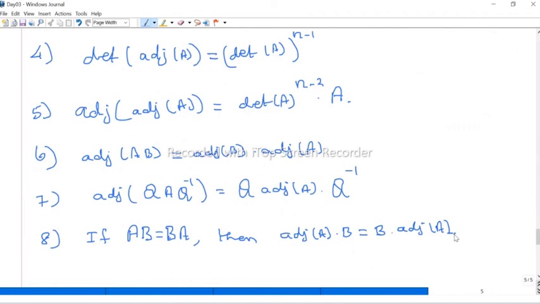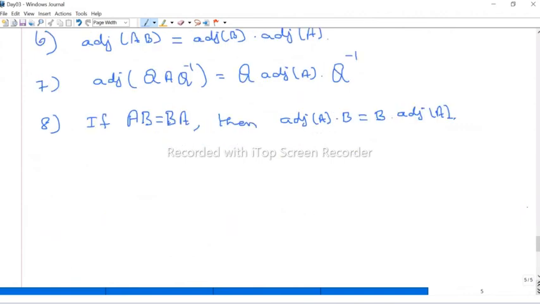Now, in general, geometrically, what do we mean by the determinant? If you take 2 by 2 matrices, the determinant is nothing but the area of a parallelogram.